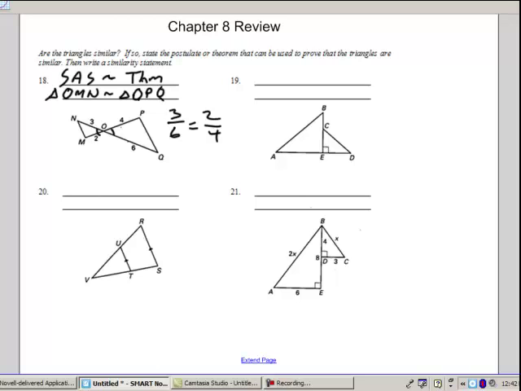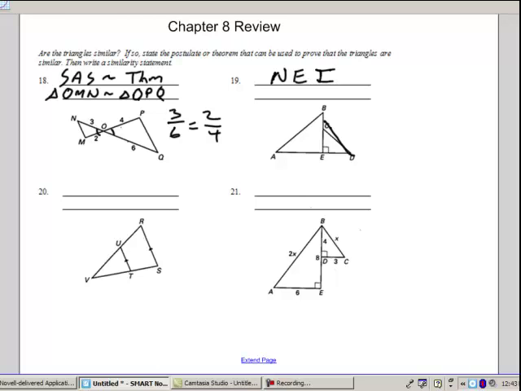Number 19, I see one angle, I don't see anything else, and I don't see anything stopping C from being here, and so there's no way to know if these triangles are similar or not, so I'm going to put not enough information.